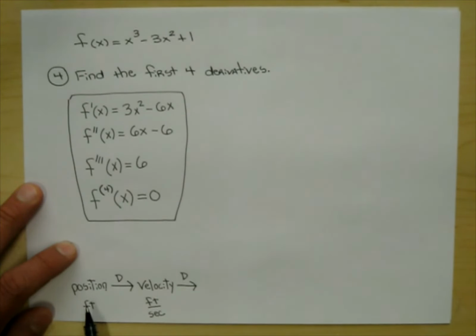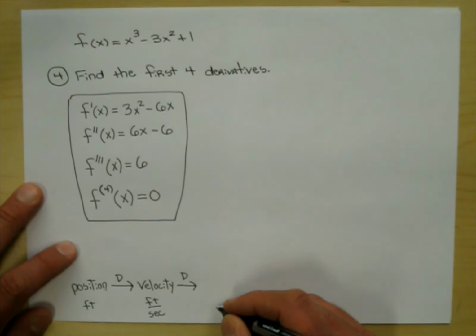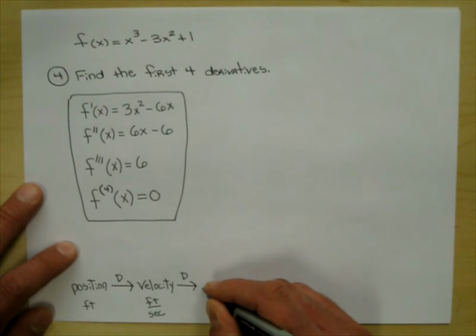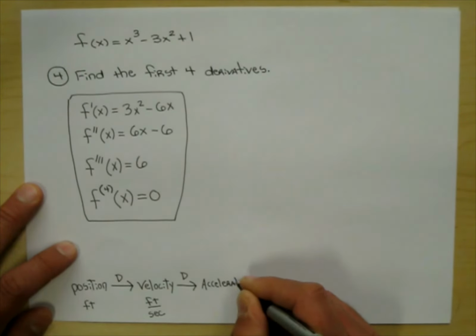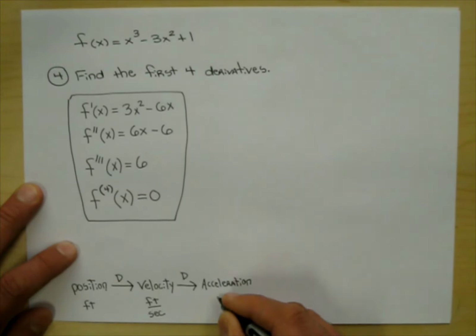Going from here to here, you divide by seconds, you're going to divide by seconds again, and you're going to get feet per second squared, which is acceleration. So this is feet per second squared. And usually that's where the discussion ends.